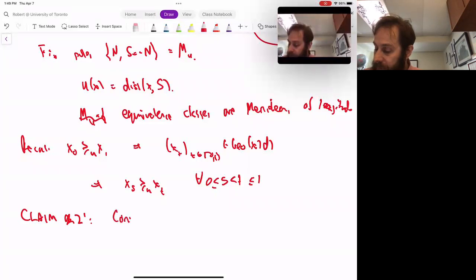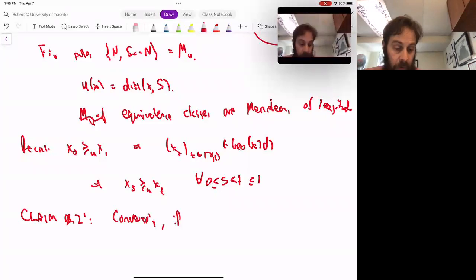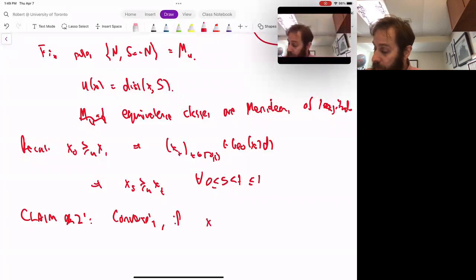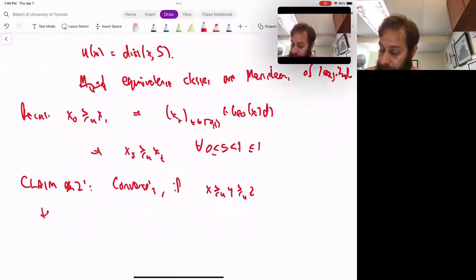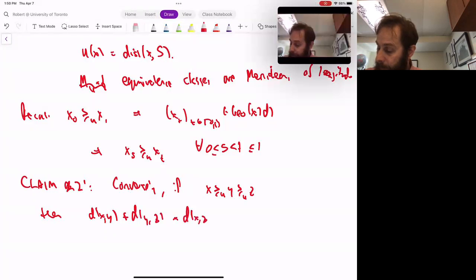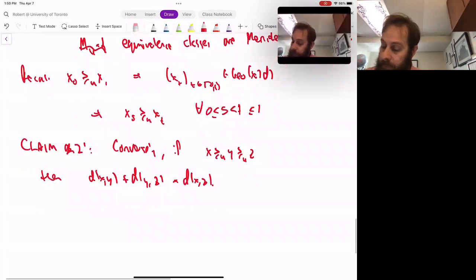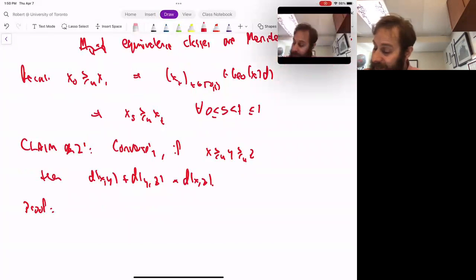So conversely, if I have 3 points in order, x dominating y dominating z, then basically dxy plus dyz saturates the triangle inequality. And so let me prove it. It's really easy to prove.